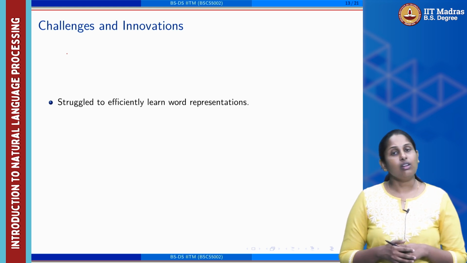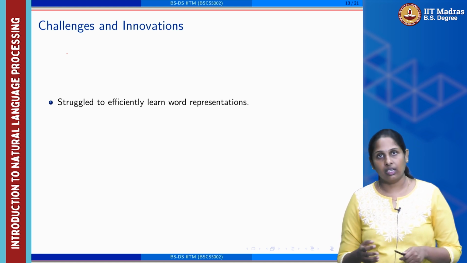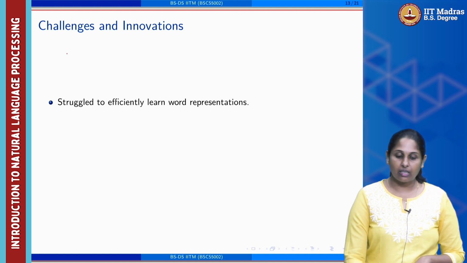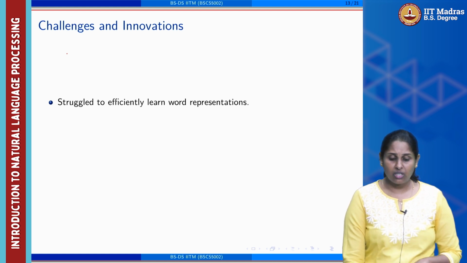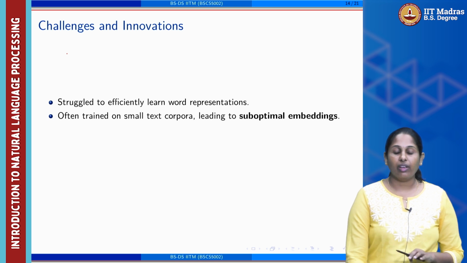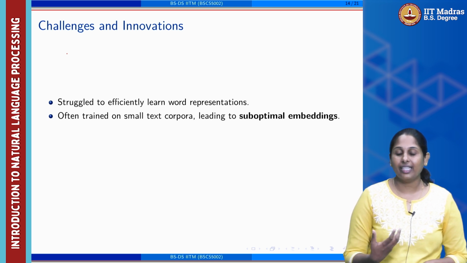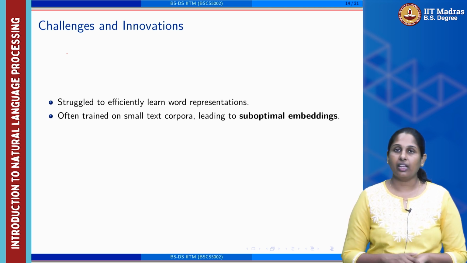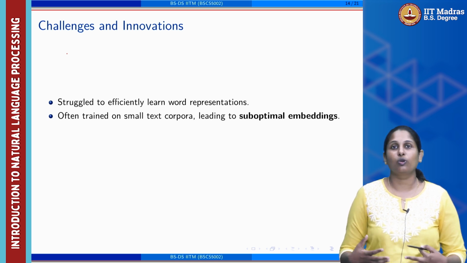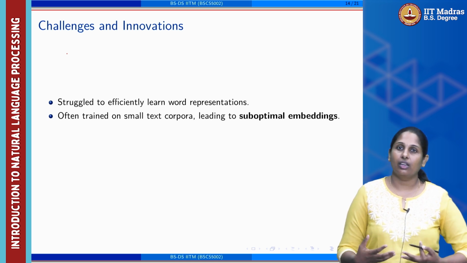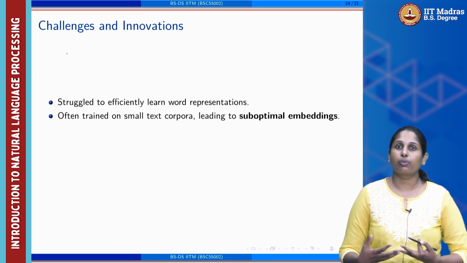Now, there are a lot of challenges even in word embedding, because it struggles to efficiently learn word representations, and when it works with a small text corpus, that often leads to suboptimal embeddings. So we need more and more data to make sure the system learns proper embeddings.